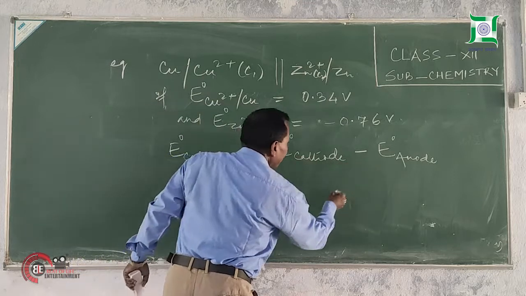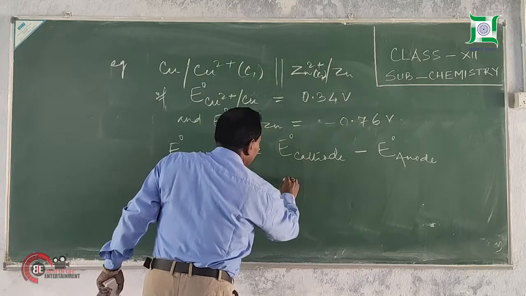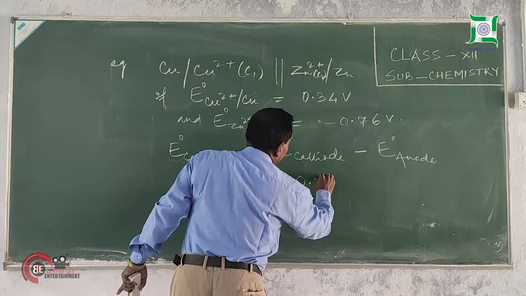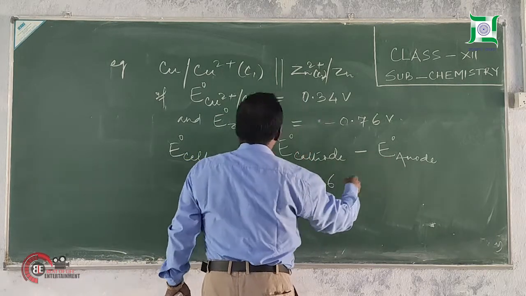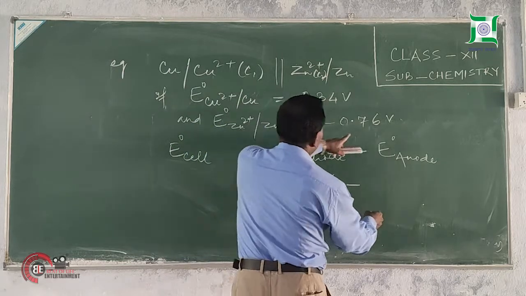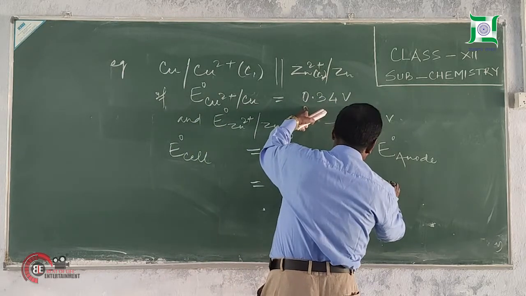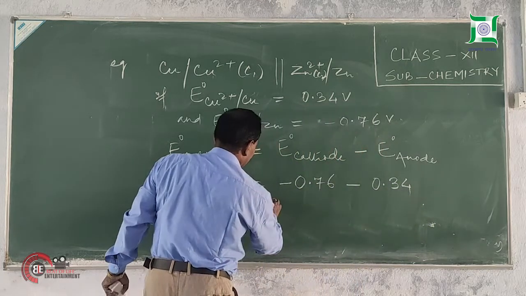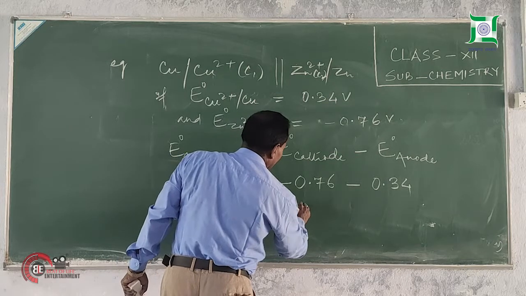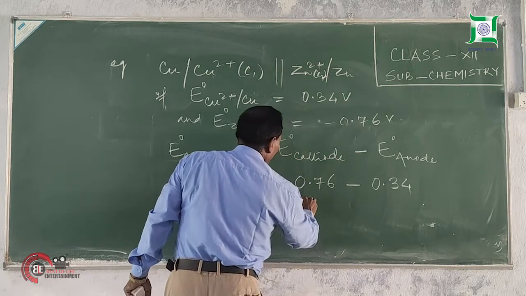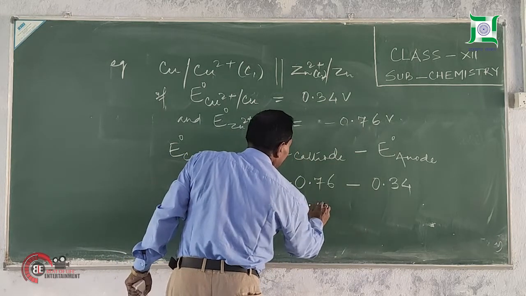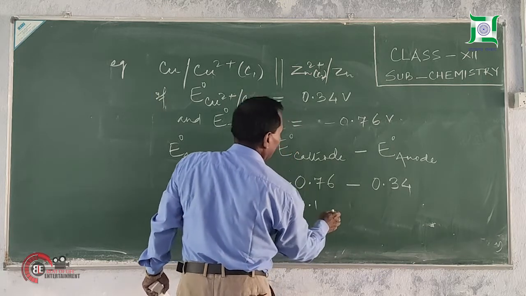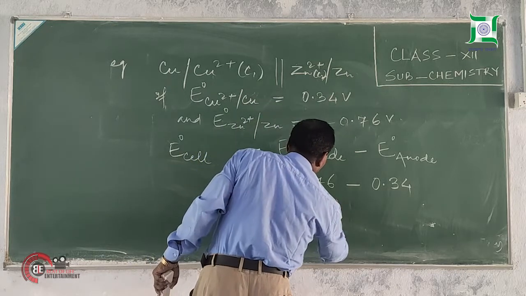Now, E cathode, we put the value like this, minus 0.76, minus E anode, that is 0.34, and this comes to be minus 1.1 volt.